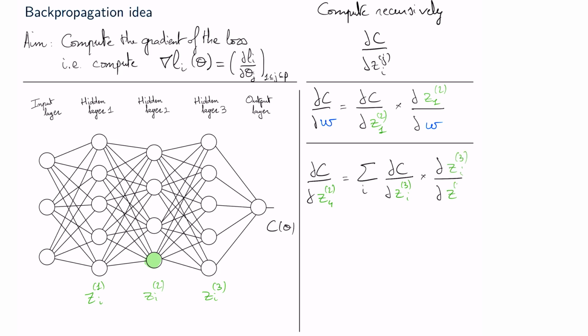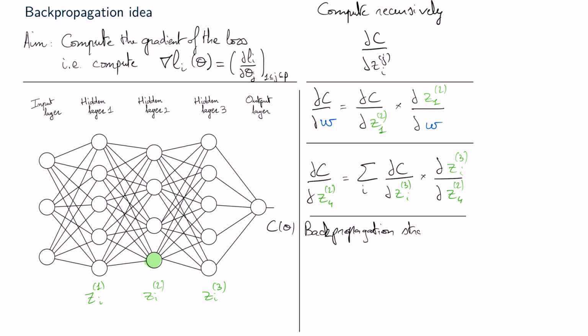We are able to compute the partial derivative of C with respect to Z3i. Besides, the second term is easy to compute since there is only one activation function and one linear combination to obtain Z3i based on Z24. Then we are able to compute the partial derivative of C, and we have done it recursively.